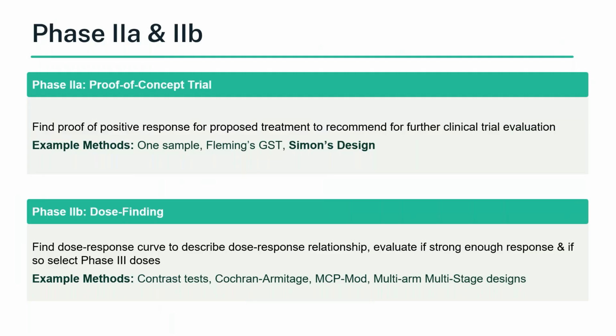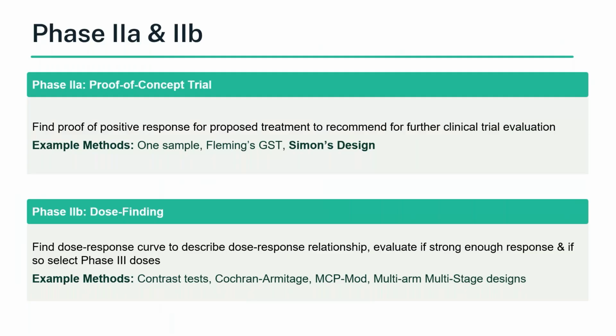The emphasis here is on a quick evaluation of the treatment and determining whether there is sufficient evidence to warrant further investigation of the treatment. Typical tests or designs that would be encountered at this phase would be one sample designs, so the Fleming test and Simon's two-stage design, which we'll be looking at later.